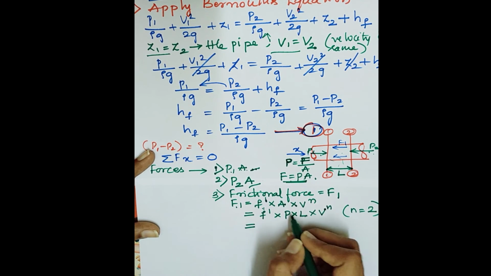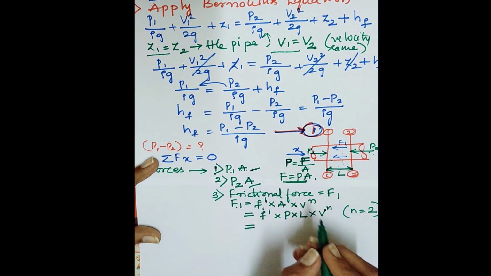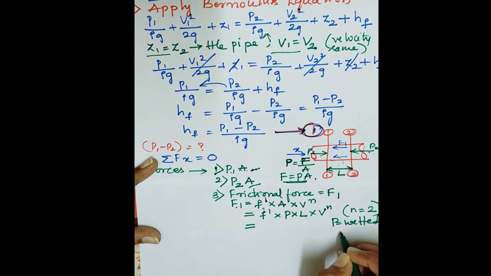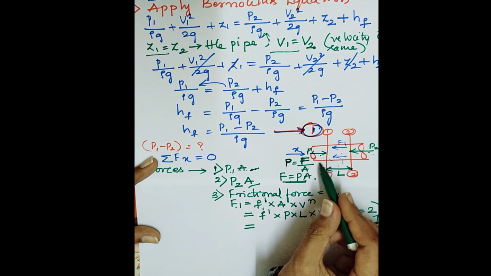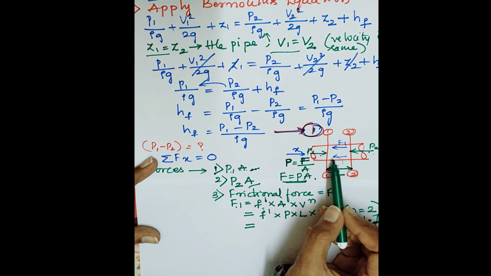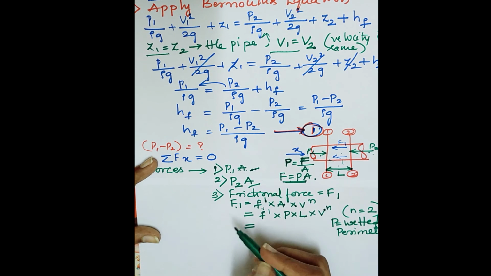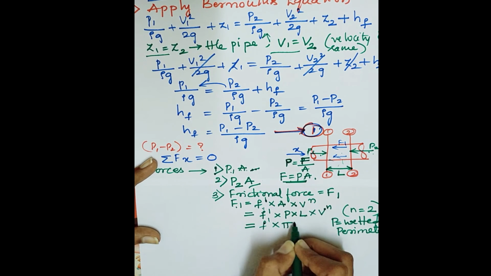So the perimeter of the fluid, that is the wetted perimeter, we are going to consider. Wetted perimeter means the fluid will wet the walls of the pipe, so we have to consider only that perimeter. That perimeter is pi into d.